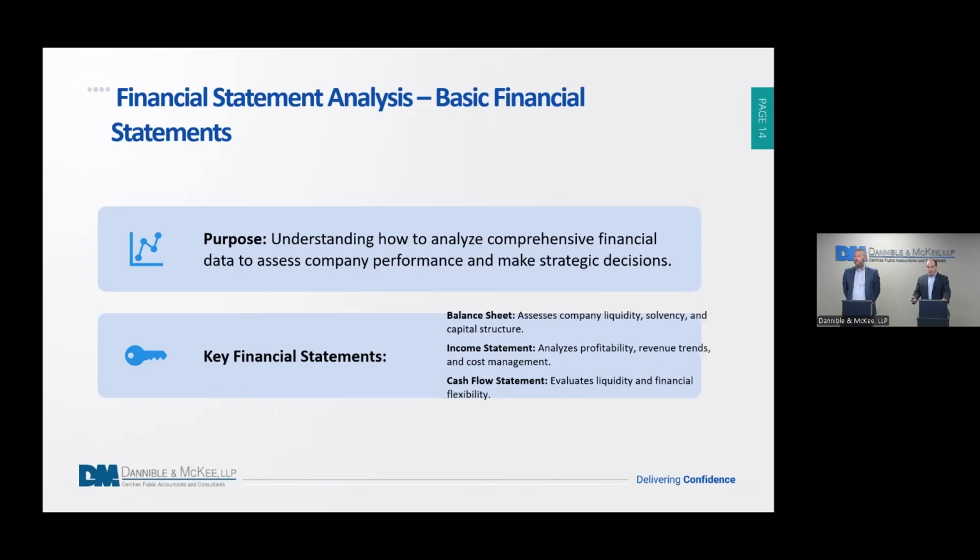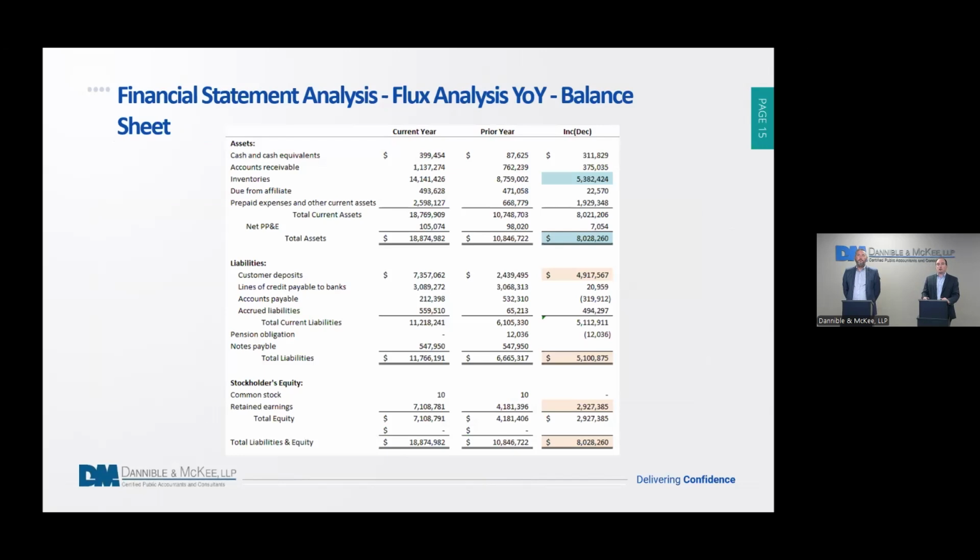And then as Sean mentioned, on the cash flow statement, you can evaluate your liquidity, your financial flexibility, where you're using your cash and where you're bringing in cash. So that's the first way. And we're just going to get more and more detail here.